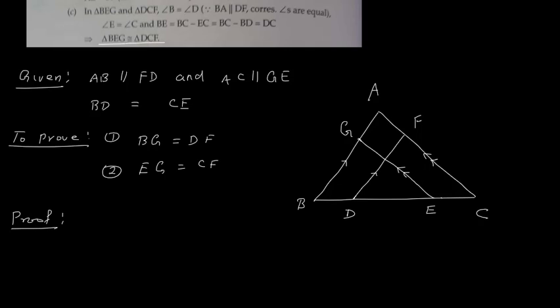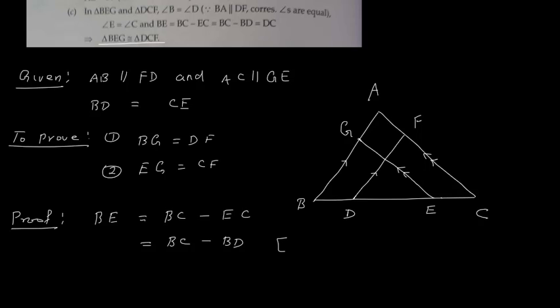So here we have BE. Okay, we have to prove that this BE equal. So I will write this BE is equal to BC minus EC. Okay, now this EC is equal to BD, so this will be equal to BC minus BD.